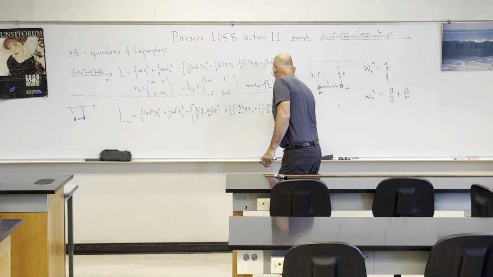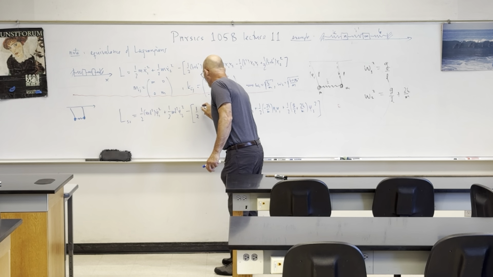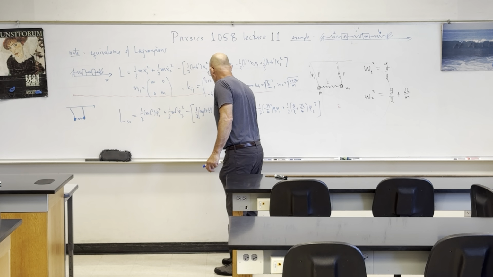What did we have for this first one? We had KL squared plus MGL times theta 1 squared. Okay, gotcha. I'm going to write MGL plus KL squared theta 1 squared. Good, yeah, I was cutting to the chase, wasn't I?